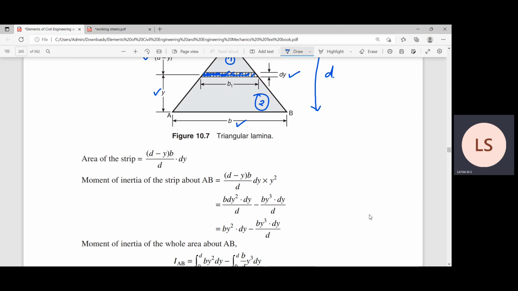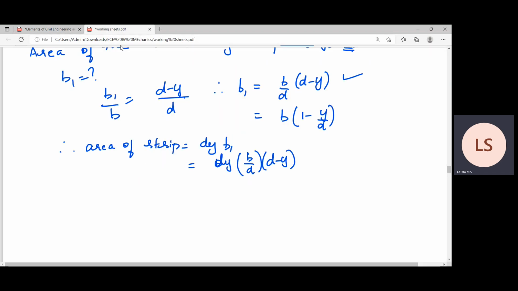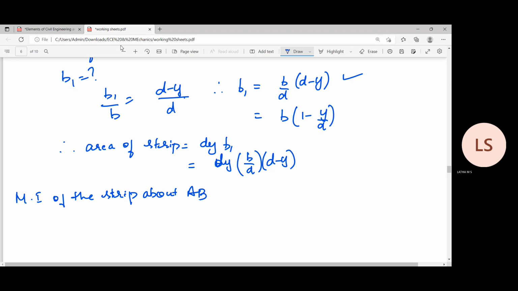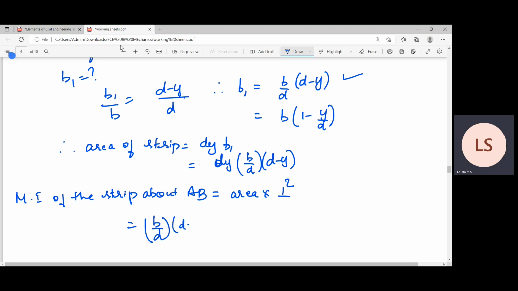We are calculating the moment of inertia of the elementary strip about AB, which equals area into square of the perpendicular distance. The area of the strip we have calculated as b by d into d minus y into dy.